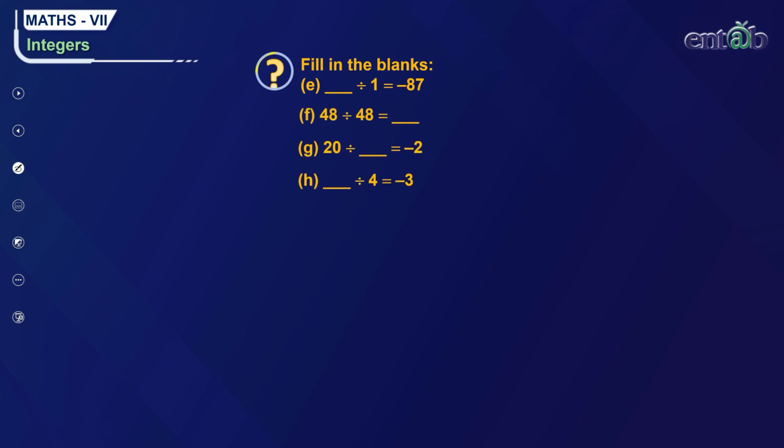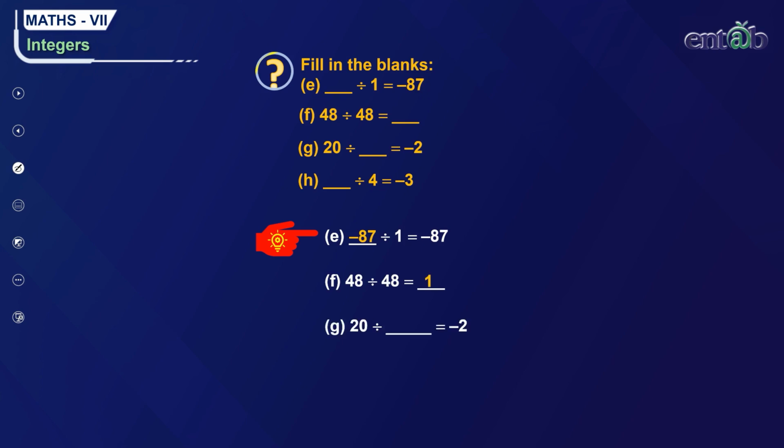So, blank divided by 1 is minus 87. Now, we know that any integer divided by 1 gives the integer itself. So, the blank should be replaced by minus 87. Next part, 48 divided by 48. So, the integer is getting divided by itself and the answer would be 1.